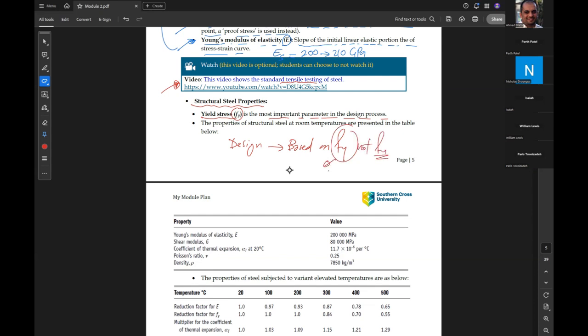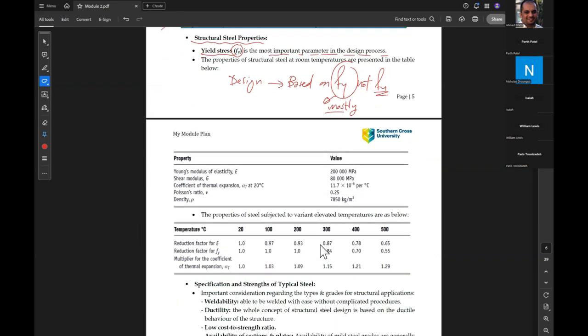If you design for F ultimate, this means that when the steel reaches this point, the structure will start to fail. So we try to avoid that and work with the yield strength.